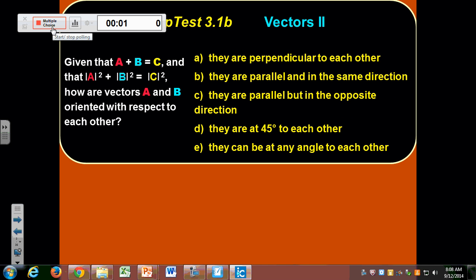Alright, vector sum A plus B equals C. And then it can also be said that the magnitude of A squared plus the magnitude of B squared equals the magnitude of C squared. How are they oriented with respect to each other?